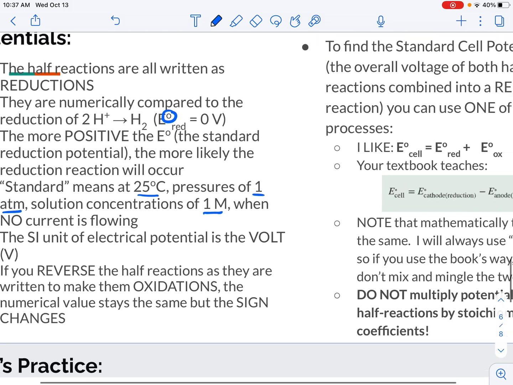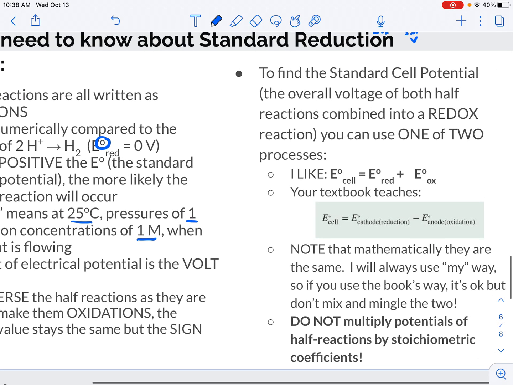And to find the overall potential of a cell of 2 reactions combined, the actual redox, a reduction and an oxidation reaction, you can use one of 2 processes. I always use this, but most textbooks, and your textbook included, don't teach it that way.